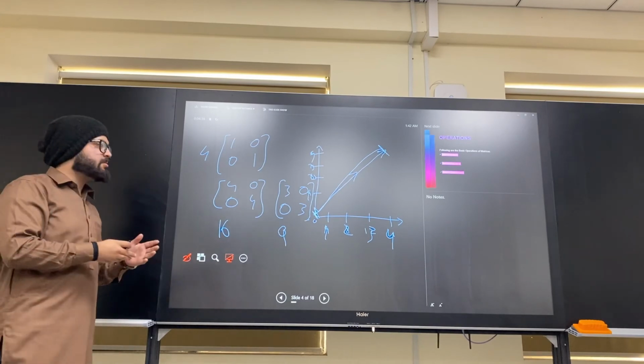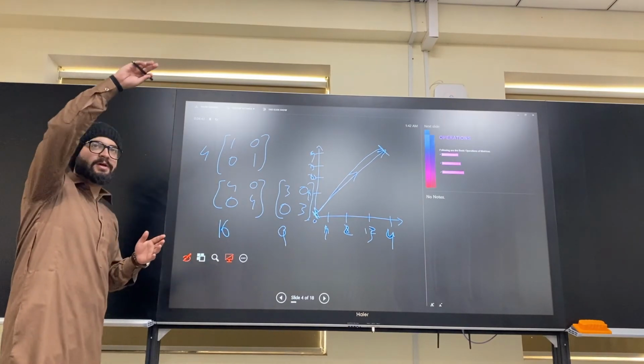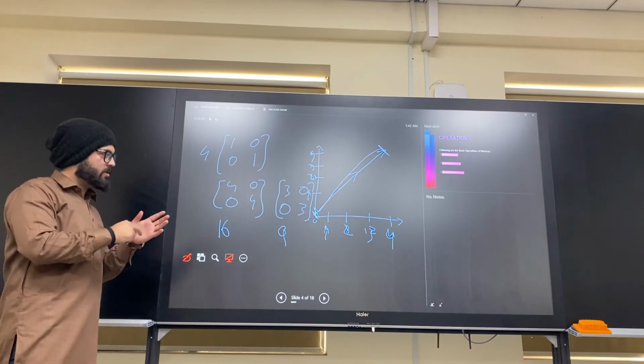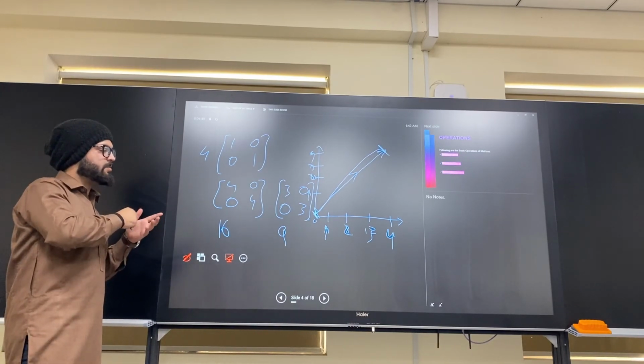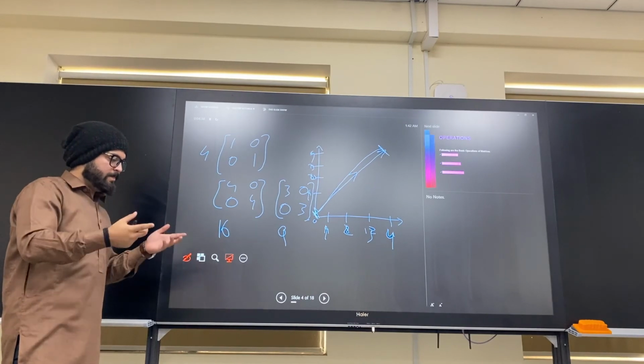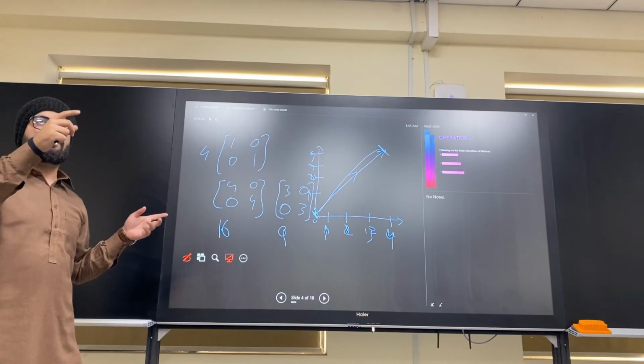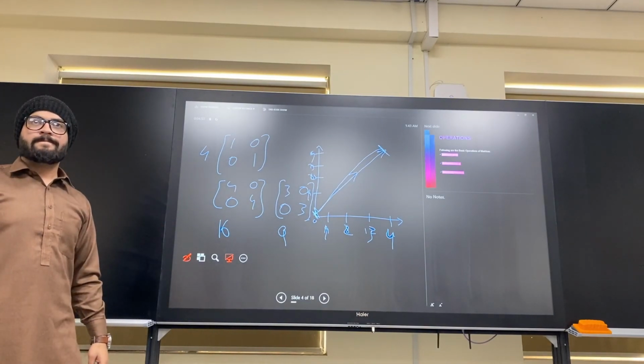Sir, its determinant will also come in a straight line like this, sir. But I think it's... So it will be somewhat of an explanation or visualization of where the... You mean to say you will get a 3D graph. Yes, sir.